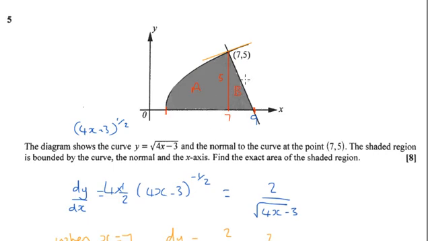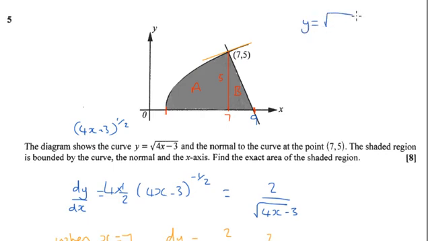So in a minute or two, we're going to find the area of B. Next thing to do is find the coordinate here where the original graph hits the x-axis. So that's when this function is equal to 0. So let's do that up here.